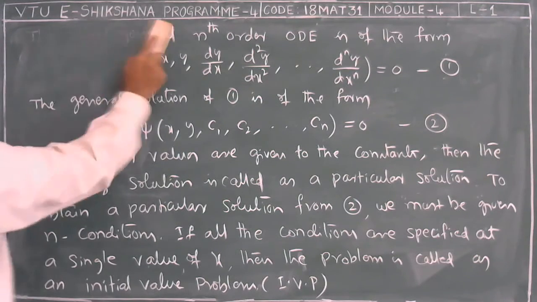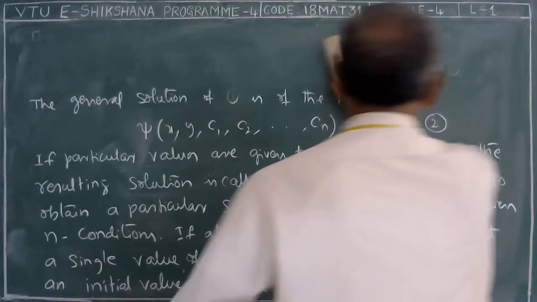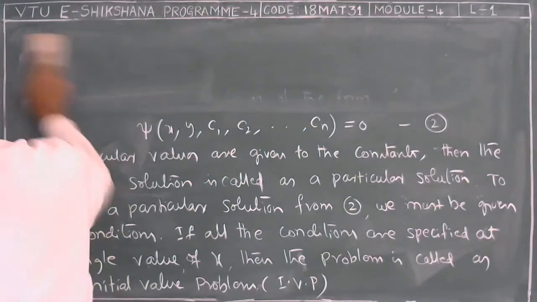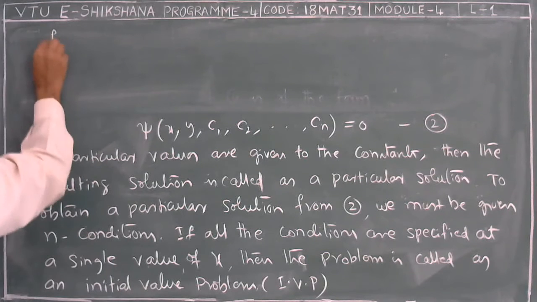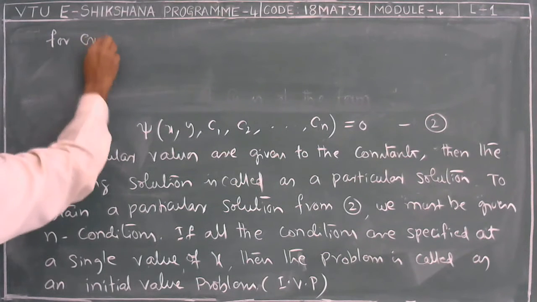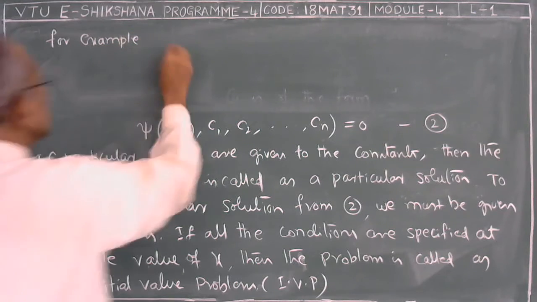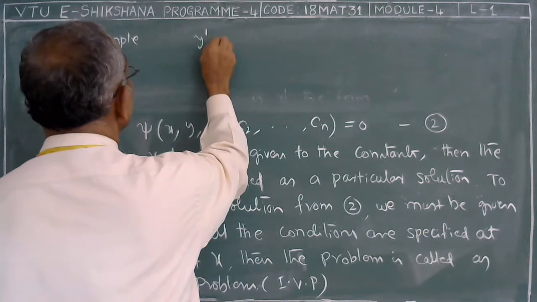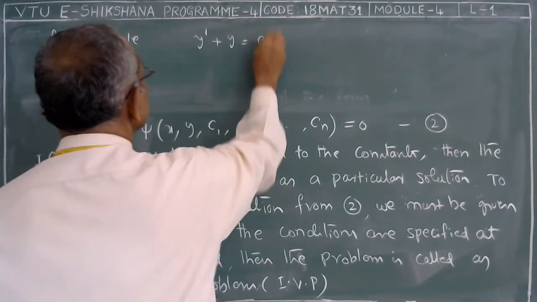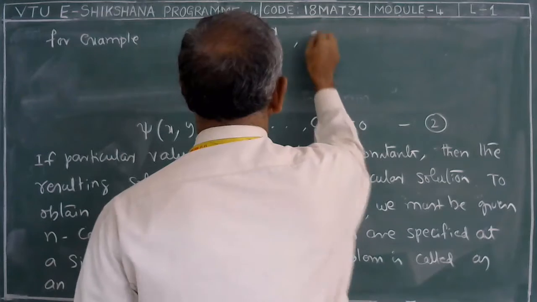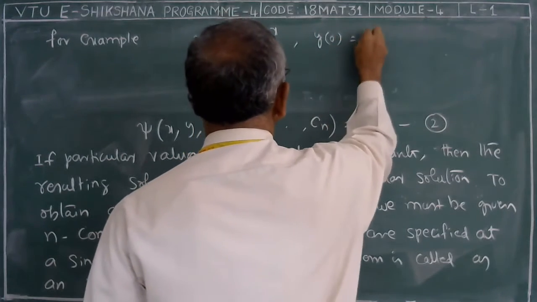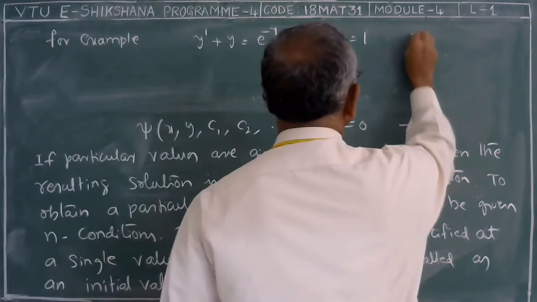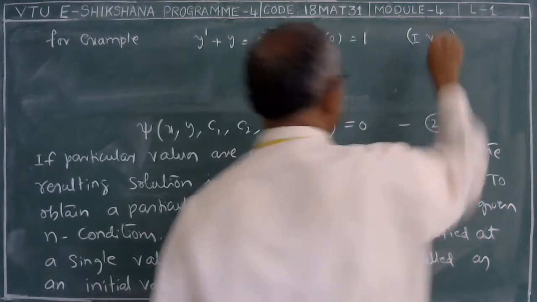For example, dy by dx, y dash plus y is equal to e power minus x with y is equal to 1 at x is equal to 0 is an example of an initial value problem.